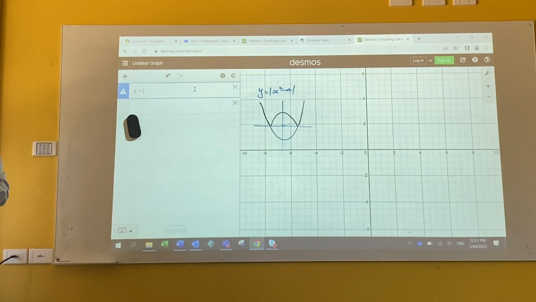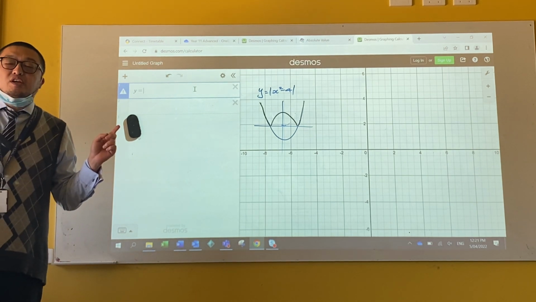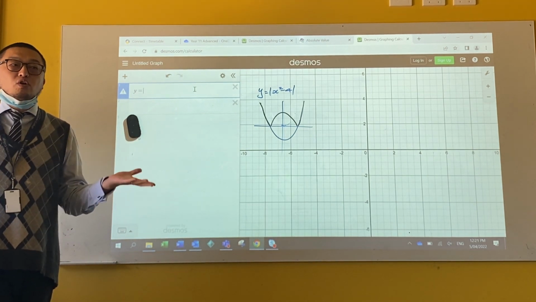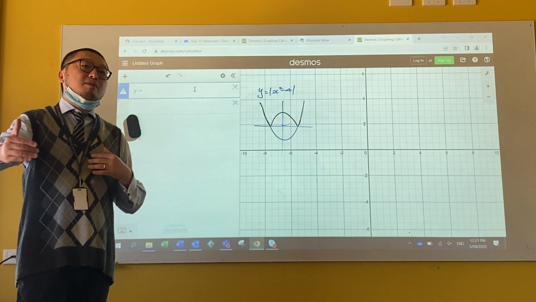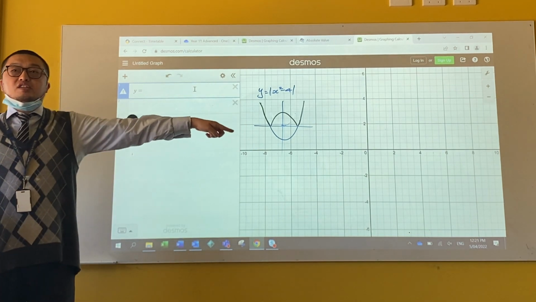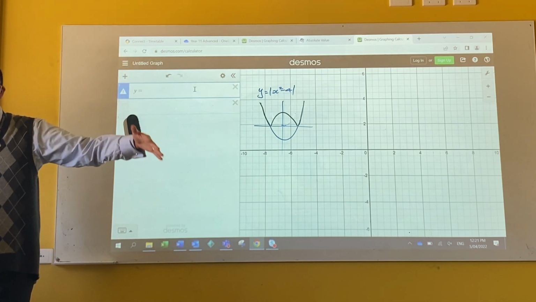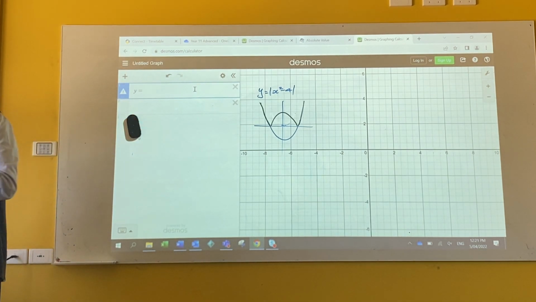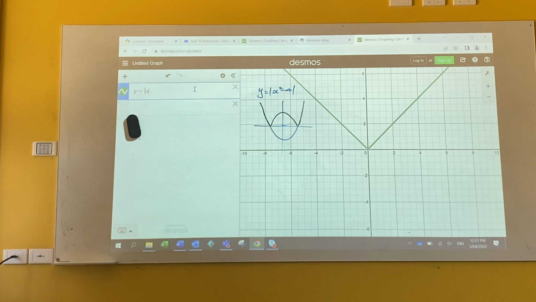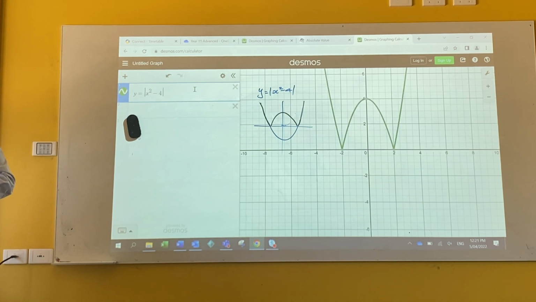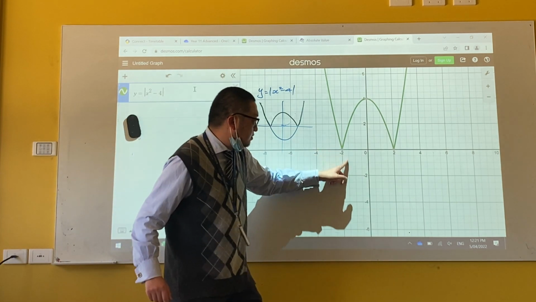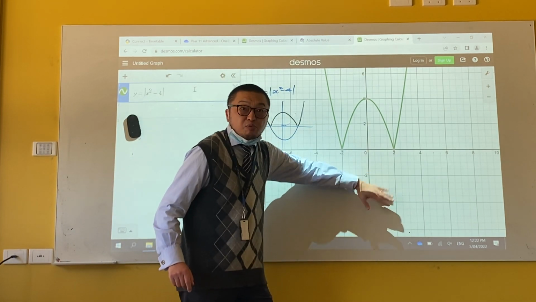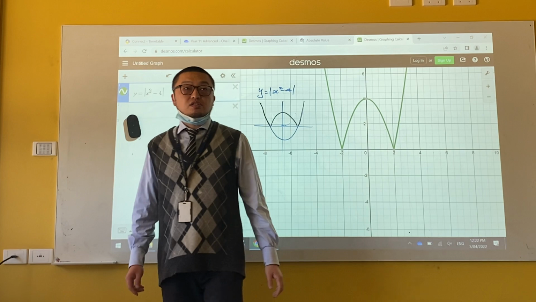Now, technically speaking, this particular question is not Advanced, but because you guys are an accelerated class, I thought I'd extend a little bit more. This particular one is Extension 1, but all the rest we've done is Advanced. Originally it's this, and the negative part gets reflected about the x-axis.